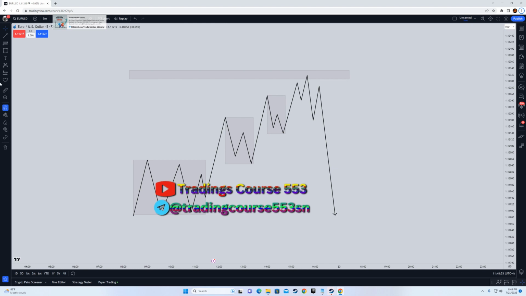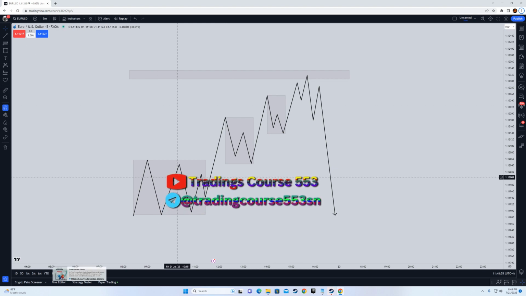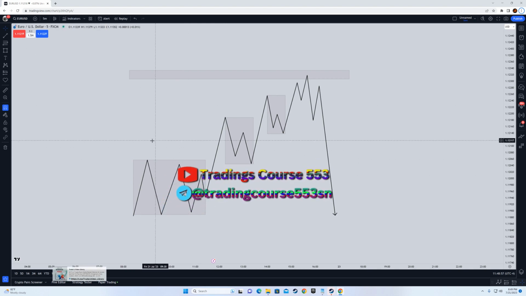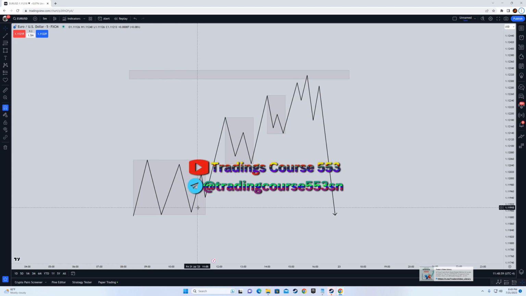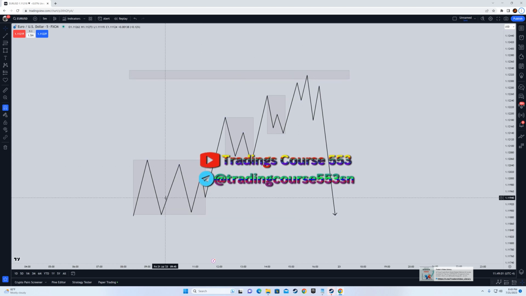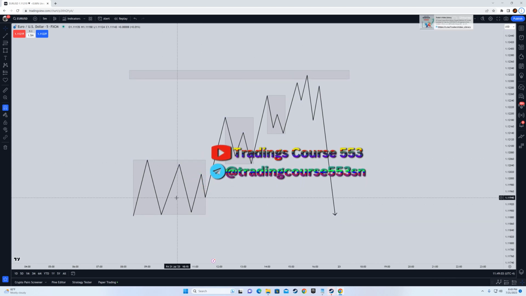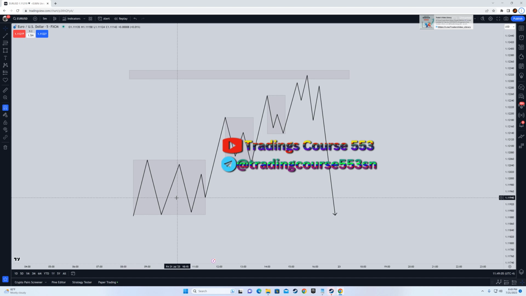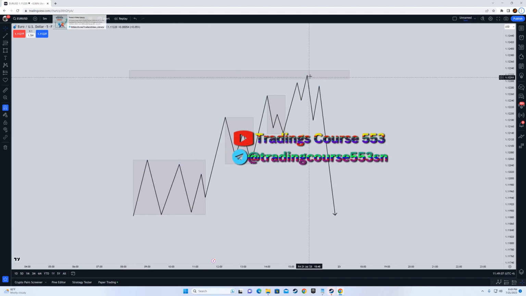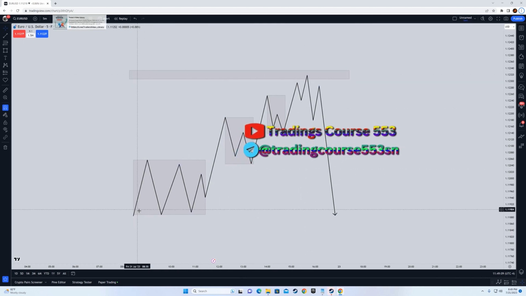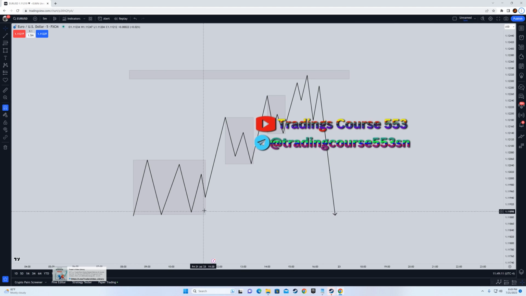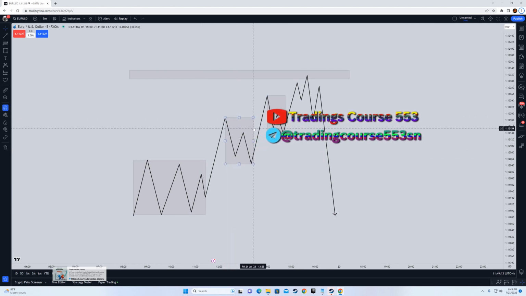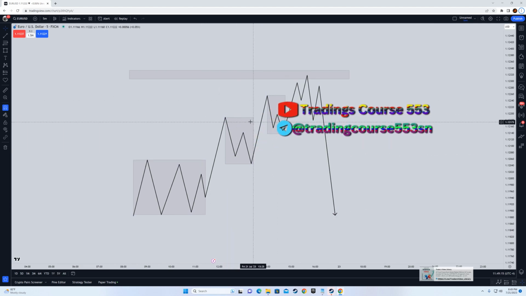So what is basically a market maker model? You have to identify a consolidation phase before price comes into a POI, right? So there will be a clean consolidation, the very first consolidation before price comes into your POI. You can then have another consolidation phase and another.